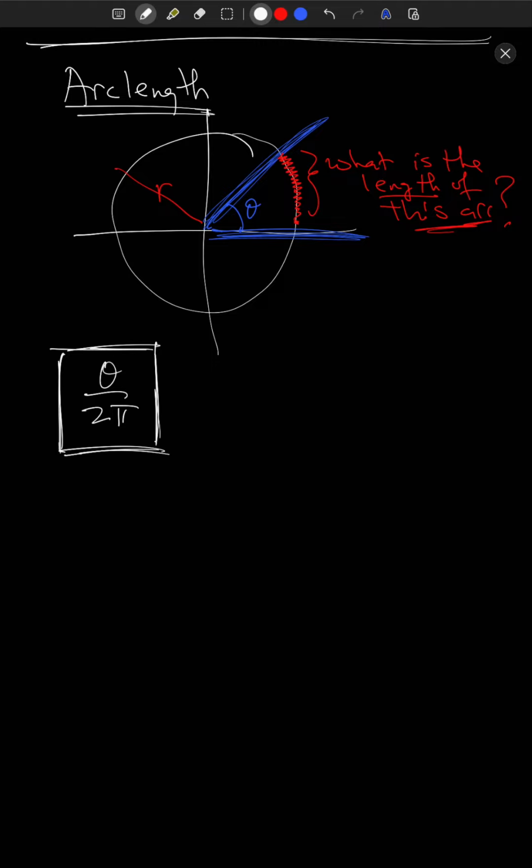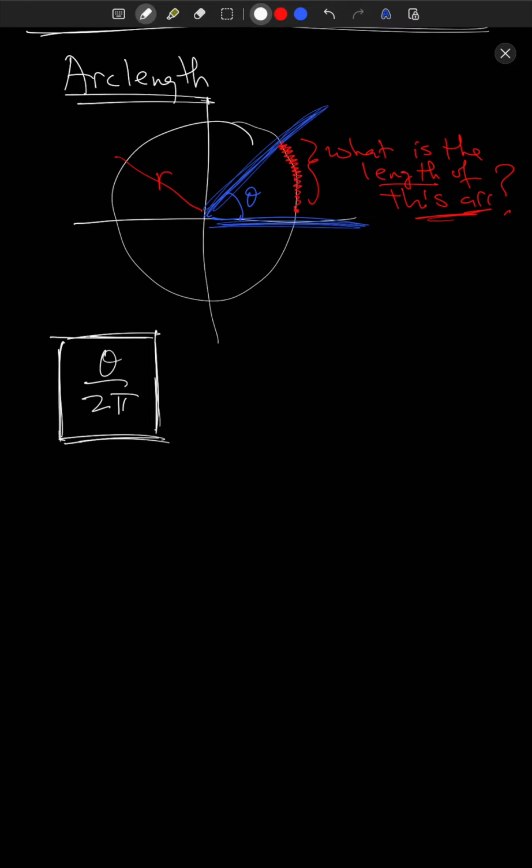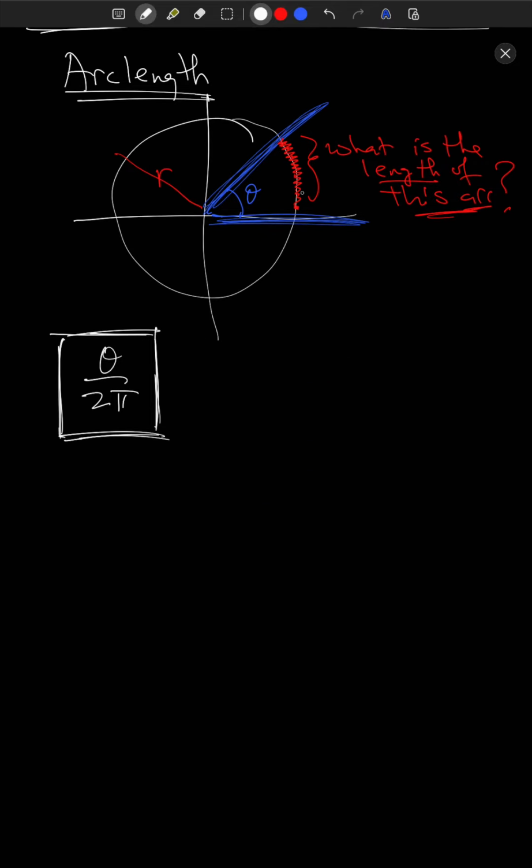Well, on the other side, in terms of the arc length, how much of the entire circle does this arc represent? If I call this arc length S, which is the notation we're going to be using for arc length very frequently, then how much of the entire circle is S?